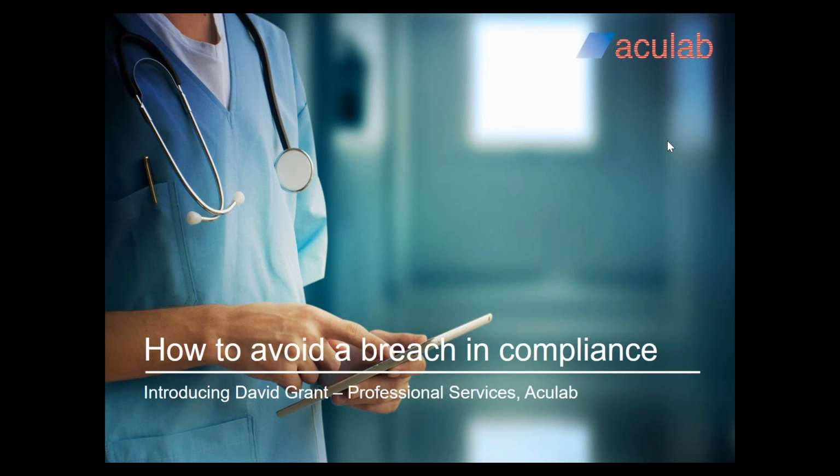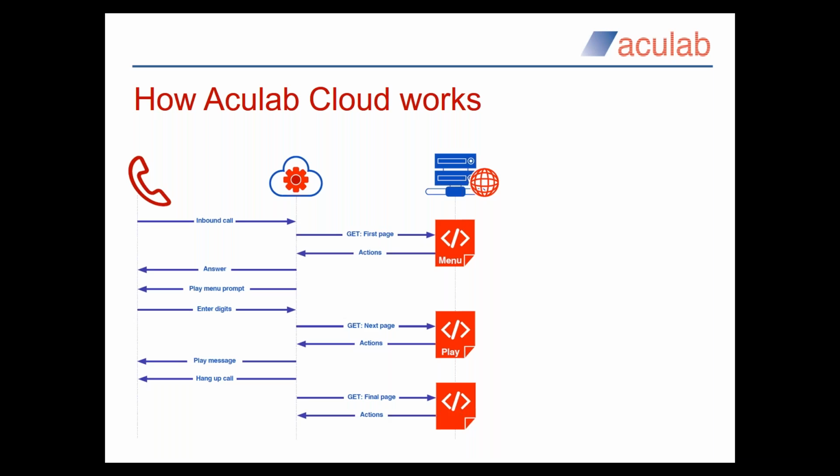Thanks, Andrew. In the next couple of slides, I'm going to run through some suggestions on how to structure your Collab Cloud application to meet HIPAA compliance. But before that, I'll just provide you with an overview of how these applications interact with Collab Cloud. As Andrew said, Collab Cloud enables you to quickly add voice, fax, or SMS messaging features to existing applications through simple, high-level APIs.